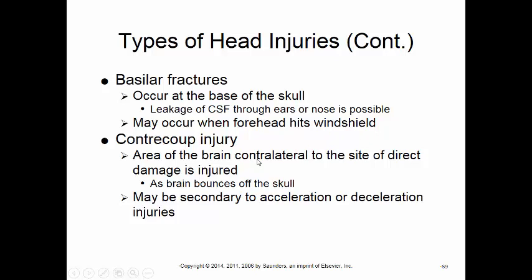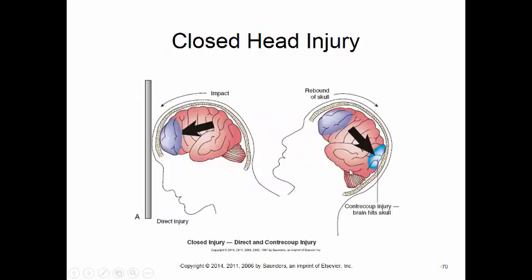Contracoup is where the brain is damaged on the opposite side of where the hit takes place because the brain bounces off the skull. It may be secondary to acceleration or deceleration injuries. So moving too fast forward or stopping too fast, acceleration or deceleration.